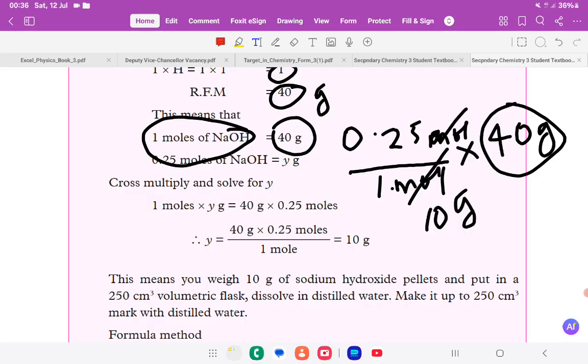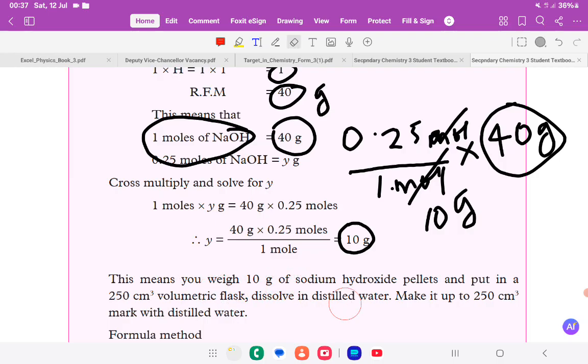Yeah, so we need to dissolve 10 grams in 250 cubic centimeters of water for us to make 1 molar solution. All right.